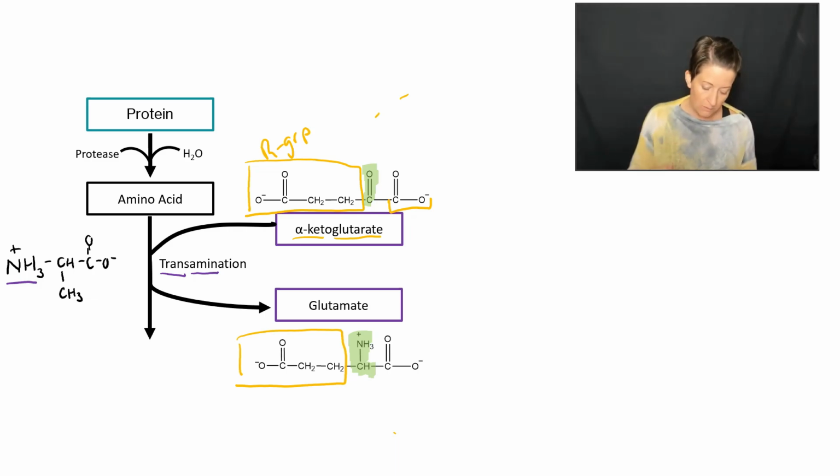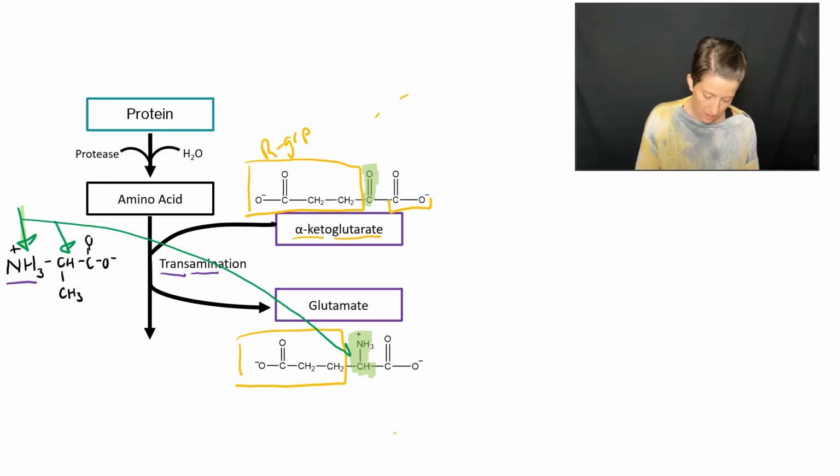We're going to remove that ketone and put the amine group onto that alpha ketoglutarate. So we are going to take this amine with the hydrogen from the alpha carbon of this alanine, and that is what's coming onto the alpha carbon of the glutamate. I'm not going to ask you specifics. What I'd like you to be able to see are where the changes are occurring and what is moving between each of these structures.